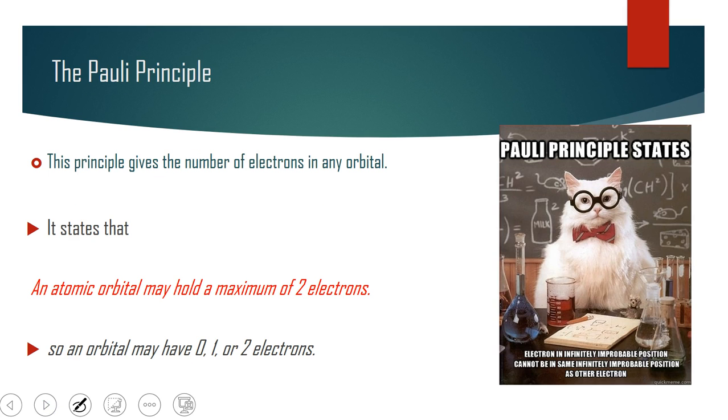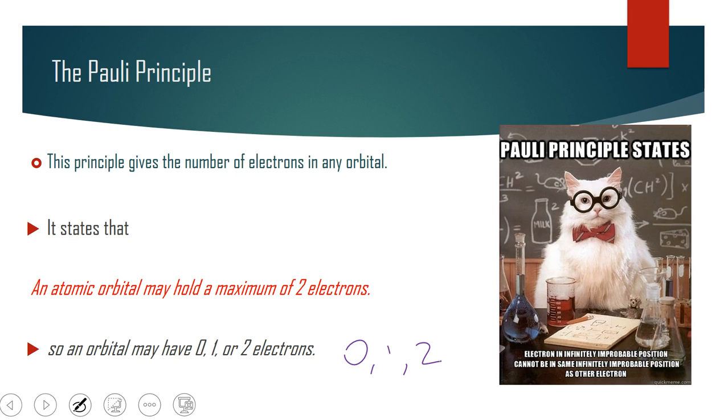Okay, a little bit more theory. The Pauli principle is essentially the idea that states that an atomic orbital can only hold 2 electrons. So it can have 0, 1, or 2 as its possibilities, and these are the only mathematical solutions that are available for this model.